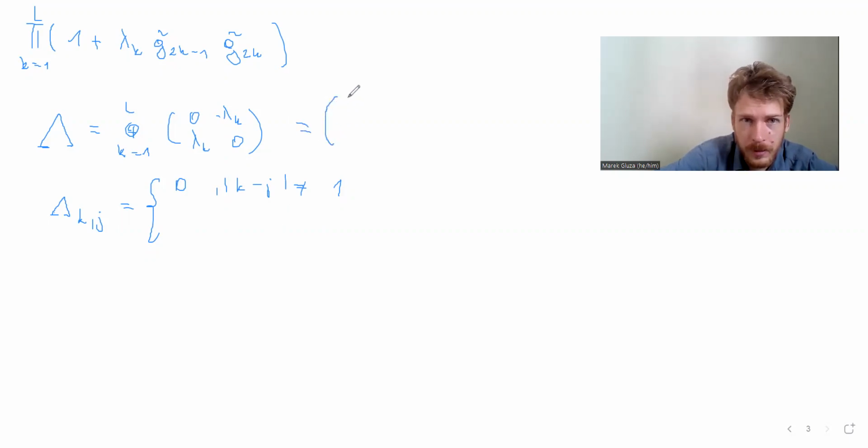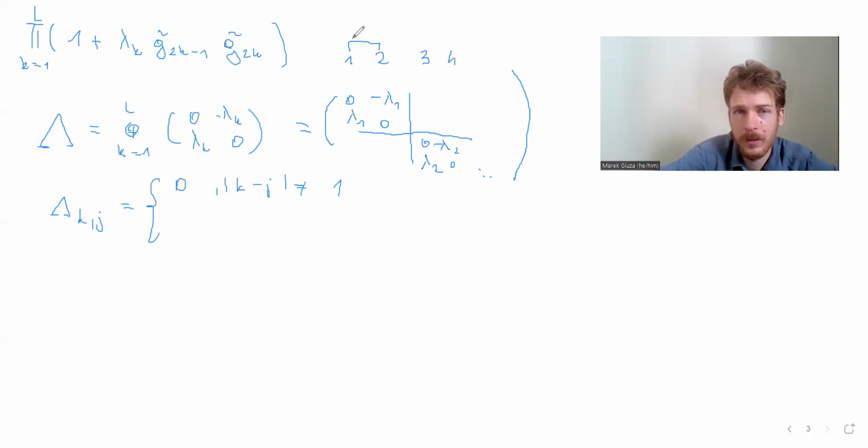So this will be a matrix with 0, minus lambda 1, 0. And then another block will be 0, minus lambda 2, 0. And then it will continue. Okay, which means that I need to be able to select, if this is row 1, 2, 3, 4, I need to select pairs of an odd number and the next number, which is 2. And that's exactly what this numbering does. 2k minus 1 and 2k. Those are the pairs.